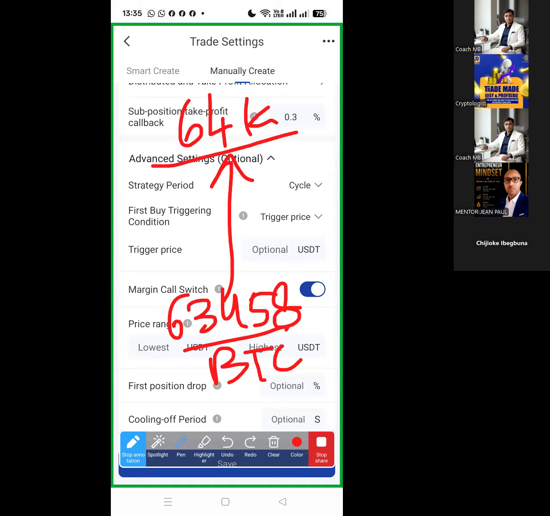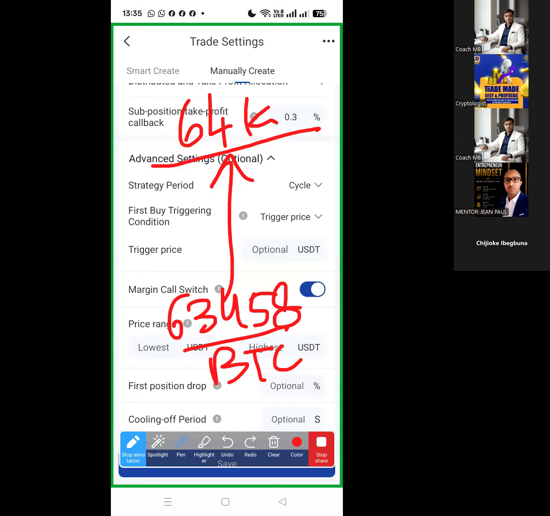But you don't want to buy again at this $64,000, but still you want to remain in this trade on a cycle mode all around the year. For the whole year, you don't want to get out of this trade, but still you want a lower buying price every time.